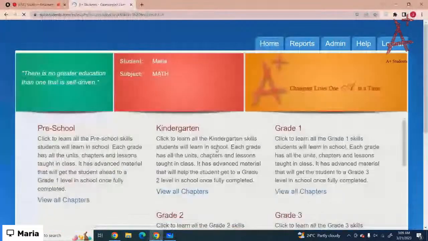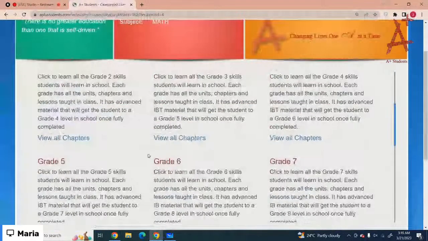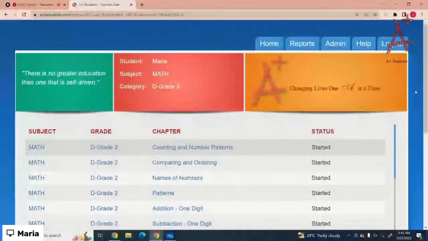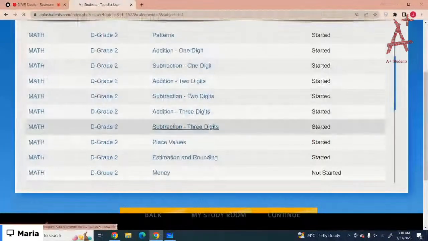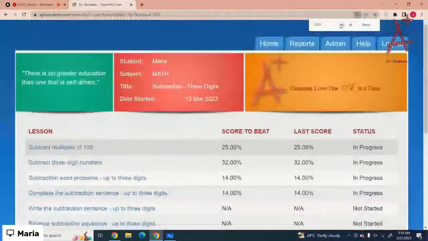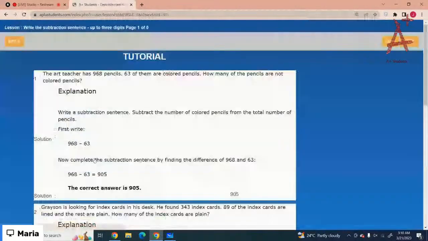Let me go to subtraction 3 digits. Okay, here is the lesson. We're going to write the subtraction sentences up to 3 digits. Got it? So we're going to start with the word problem.